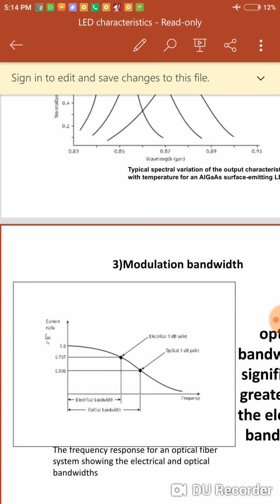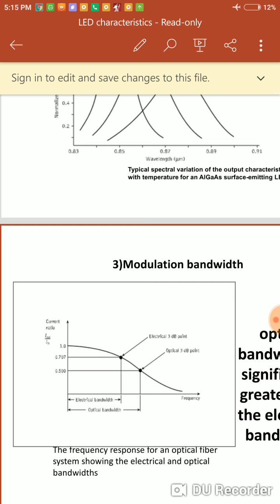The graph is of current ratio versus frequency. Two points are compared here, the electrical 3 dB point and the optical 3 dB point. As we know, the electrical 3 dB point is obtained when the ratio of I out by I in reaches 0.707, and the optical 3 dB point is obtained when the ratio of I out to I in reaches 0.5.